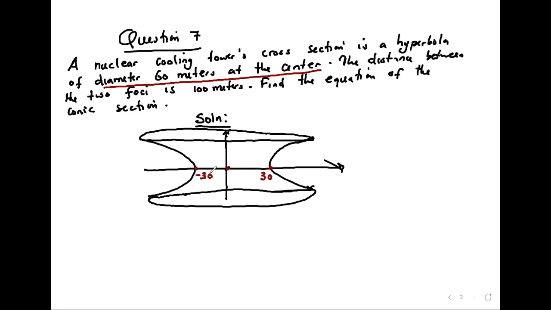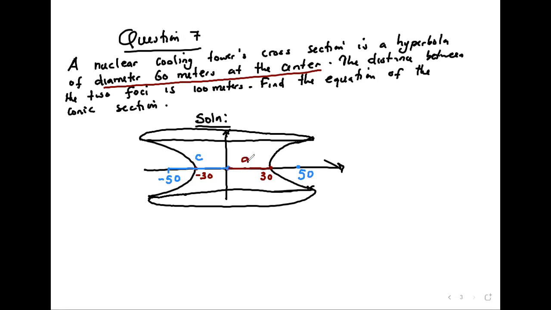The foci are 100 meters apart, so from the center going to the focus is going to be 50, and on this side, it will be negative 50. So this one is giving us c, and this one is giving us a.